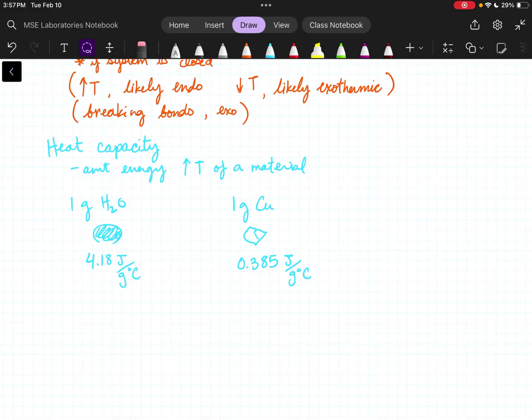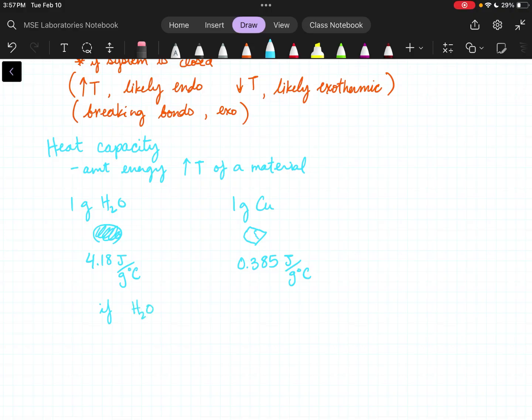On the flip side, if I want to get 1 gram of copper raised by 1 degree Celsius, I only have to put about 1/3 of a joule into the system for that to happen, rather than adding 4 joules.